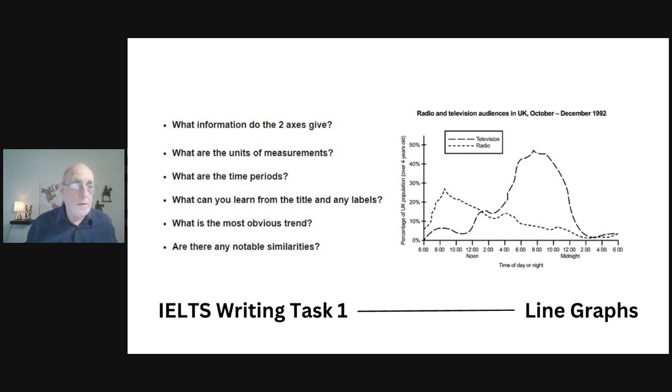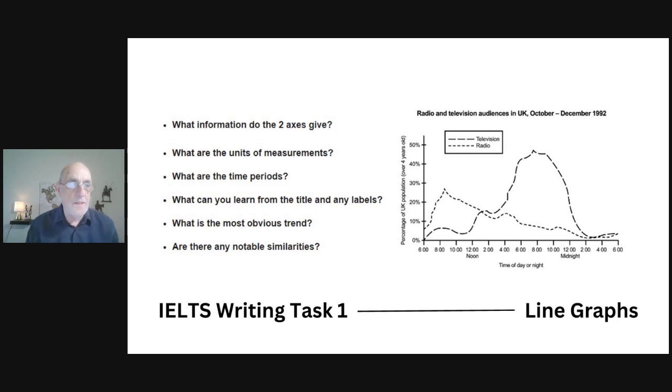We want to look at the title and the labels. These are so important. And we can see that this graph is about radio and television audiences in the UK in December 1992. We want to look at the most obvious trends, and sometimes we can simply see these obvious trends if we have any very high points in the graph or any very low points.